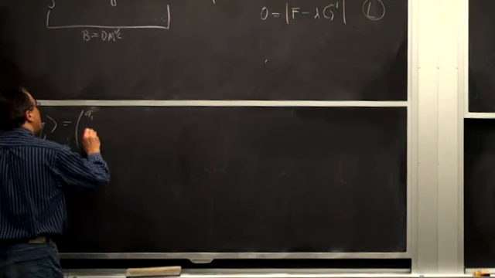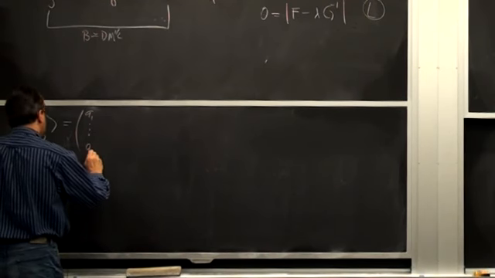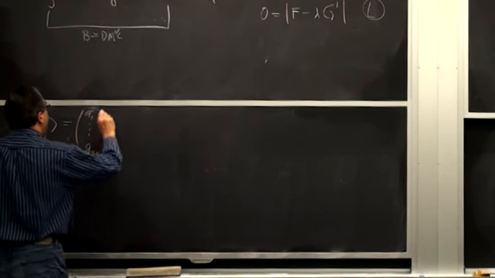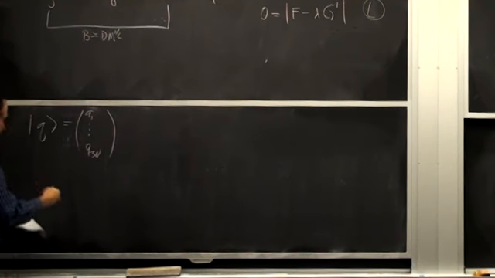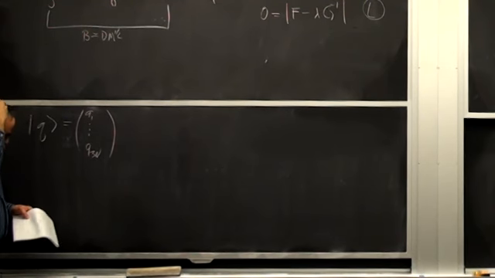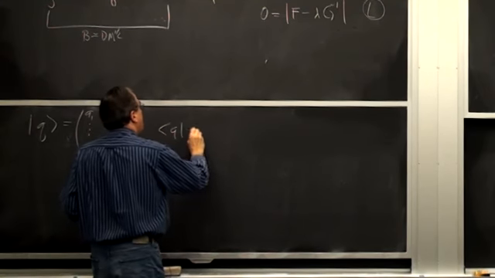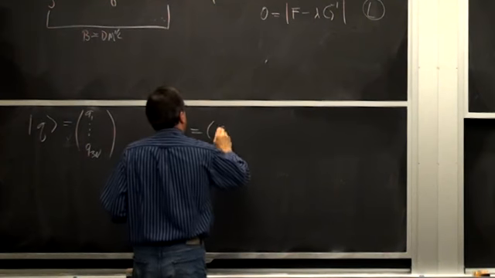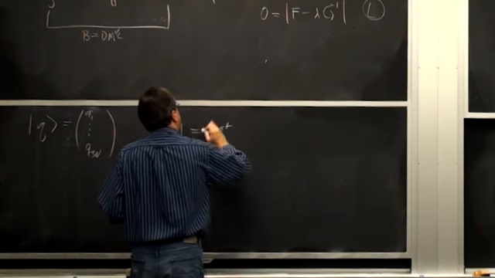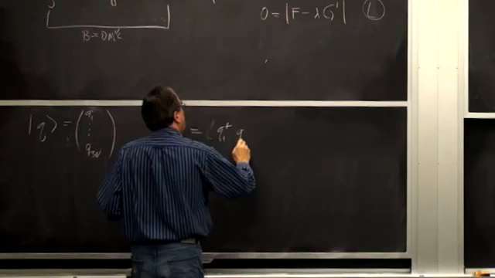So we have Q1 through Q3n. Here we have the mass-weighted displacements, and we can write this as Q1 star, Q.